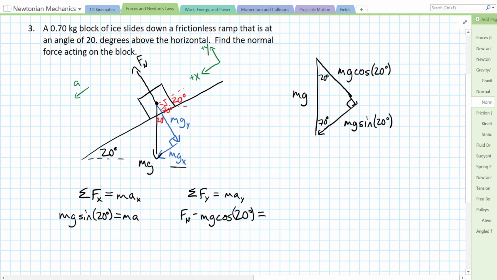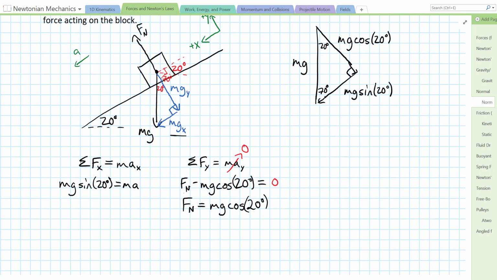But it's not accelerating into the surface or above the surface, so our acceleration is just going to be equal to 0, which means that the normal force is equal to mg cos of 20 degrees.